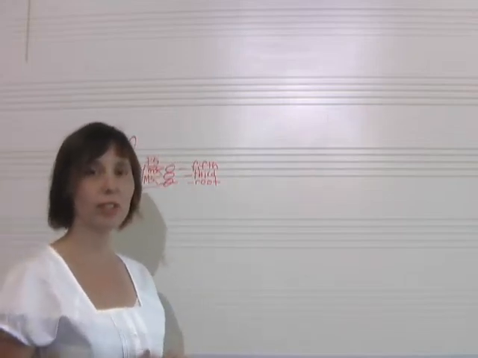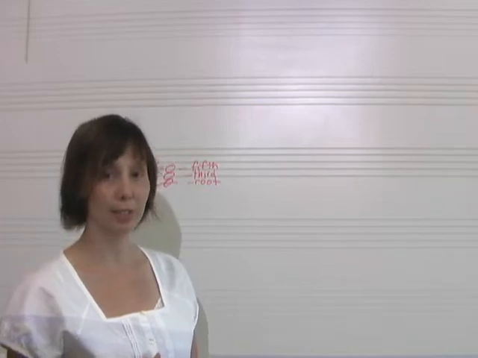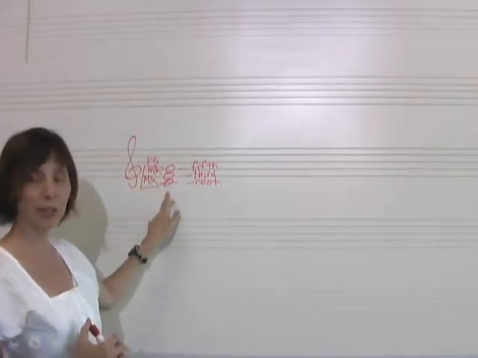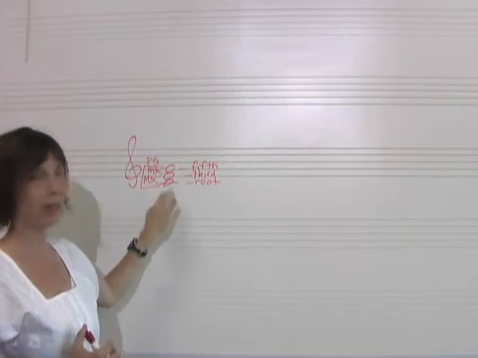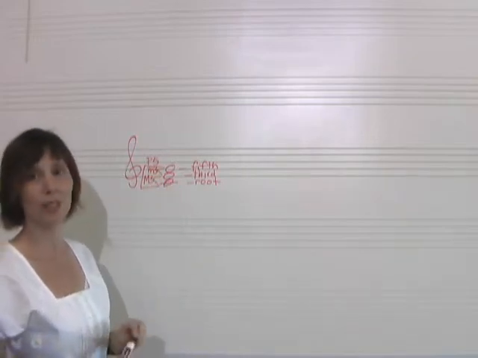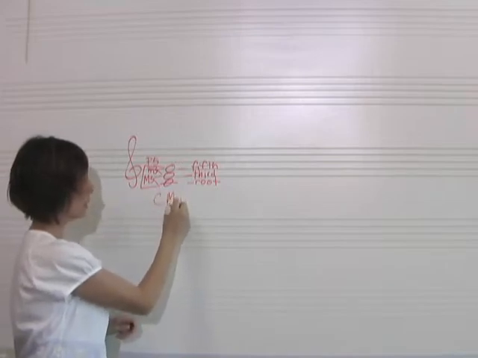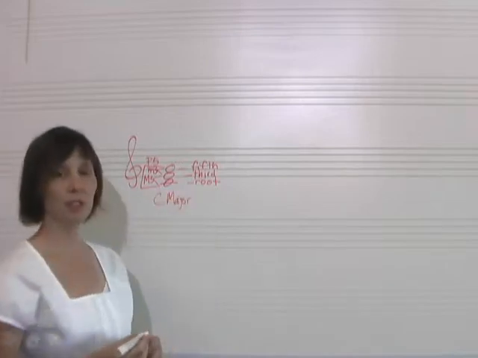Some people prefer to think of triads as two thirds stacked on top of each other, in which case you can think it has a major third on the bottom and a minor third on top. So this is a C major triad.